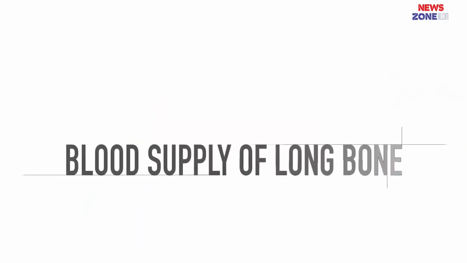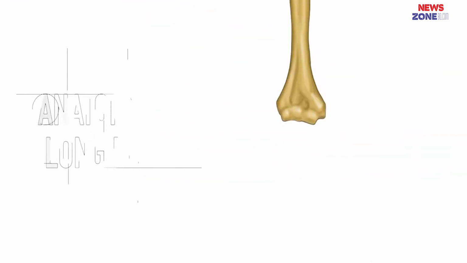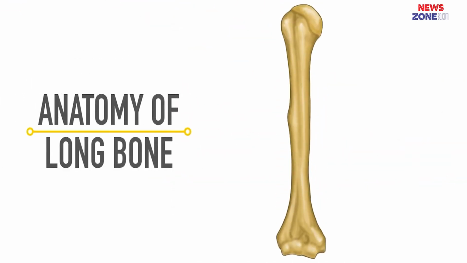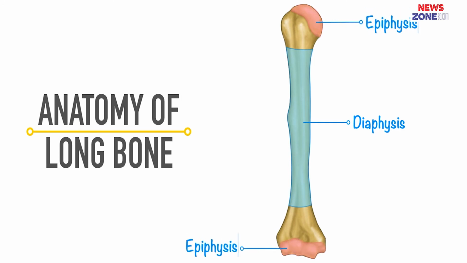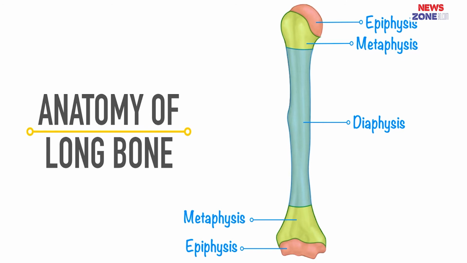Let's watch the video. Before going into the blood supply, let's quickly review the anatomy of a long bone. A long bone is divided into three parts. The elongated tubular central part of the long bone is called the diaphysis. The enlarged area of the bone at the ends is called the epiphysis. The intermediate segment of the bone connecting the diaphysis and the epiphysis is called the metaphysis.